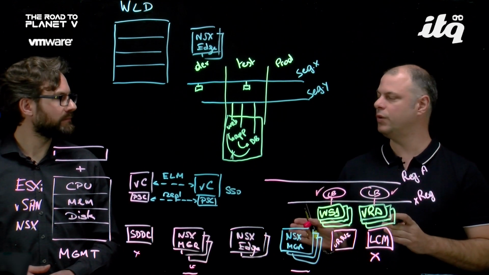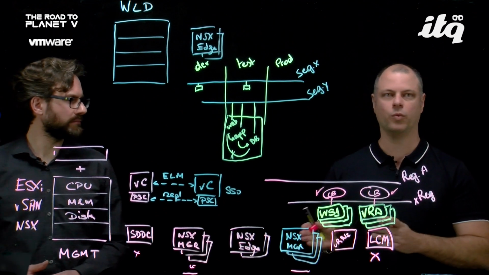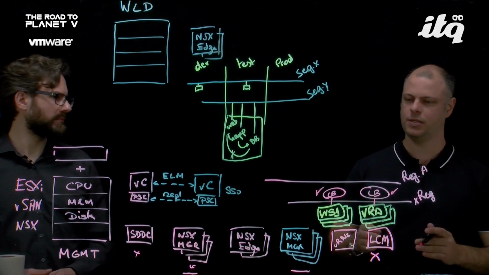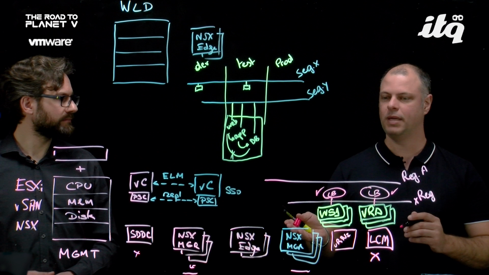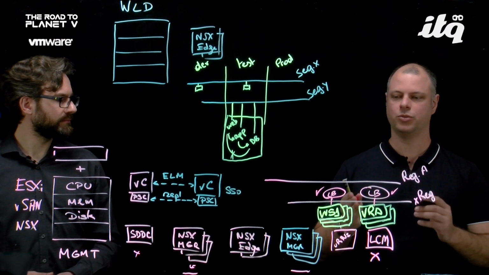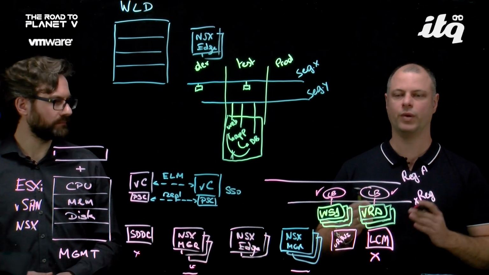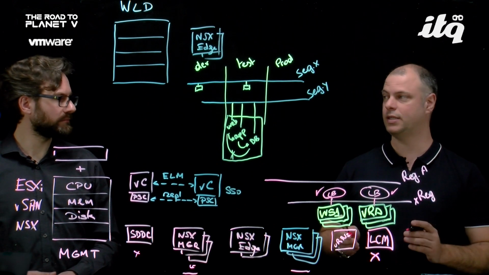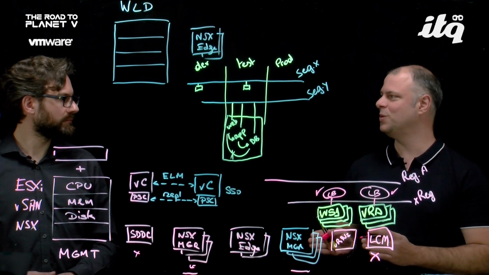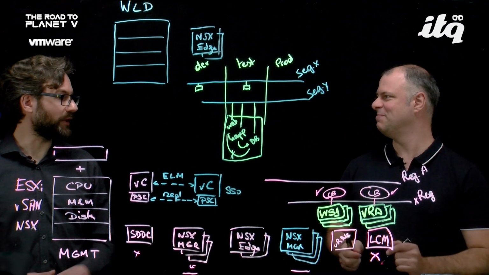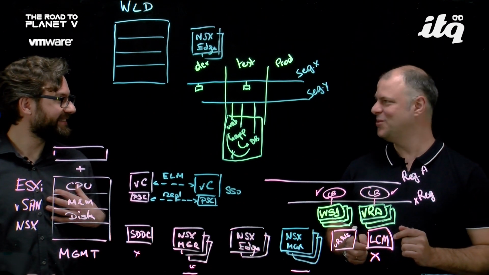So all the configuration you need for deploying Workspace ONE and vRealize Automation, SDDC Manager will ask NSX Manager to create all the load balancers within the configuration for us. So the only thing you need to do is click Next. So even I could do it? Even you could do it, Thomas.